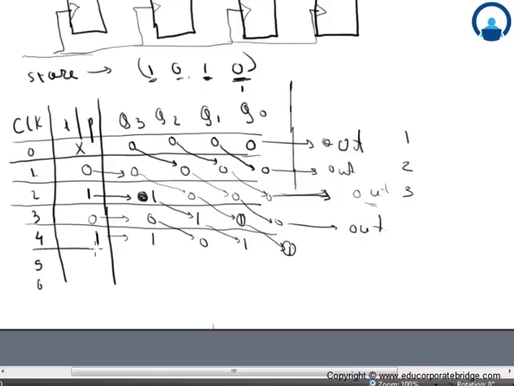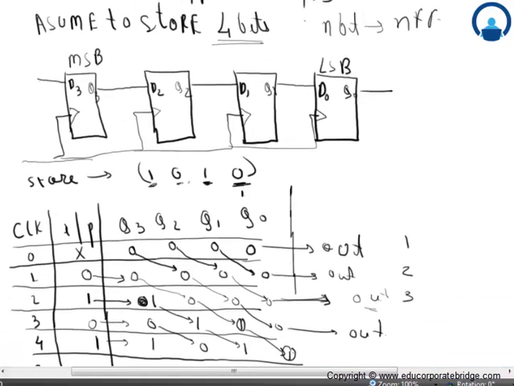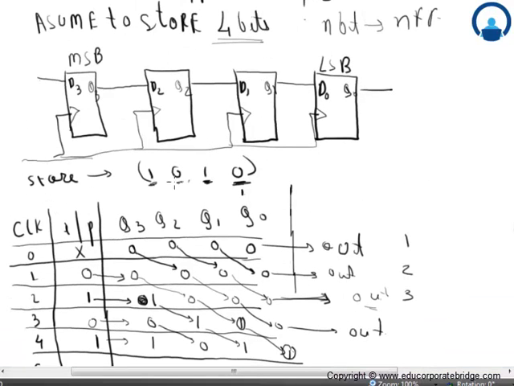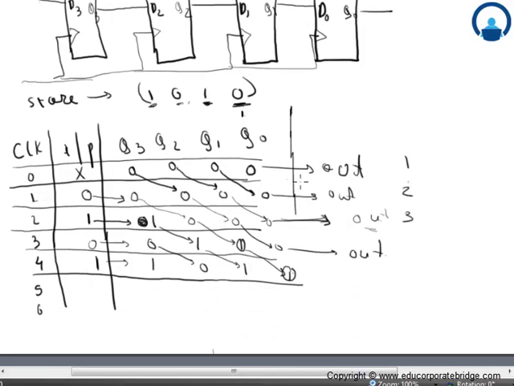So the final output we can see, since we have to store 4 bits here, that is we store 1010, 4 flip-flops are required, and the final required output 1011 has been successfully stored at the end of the fourth clock pulse.